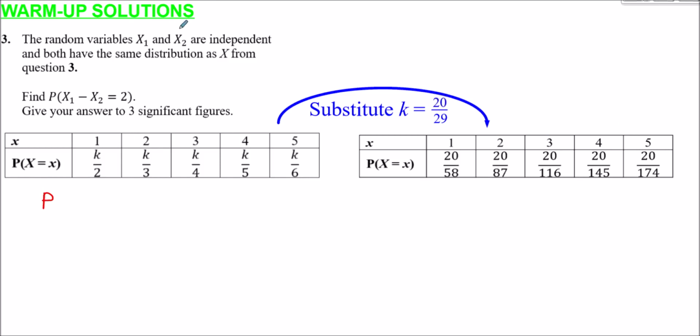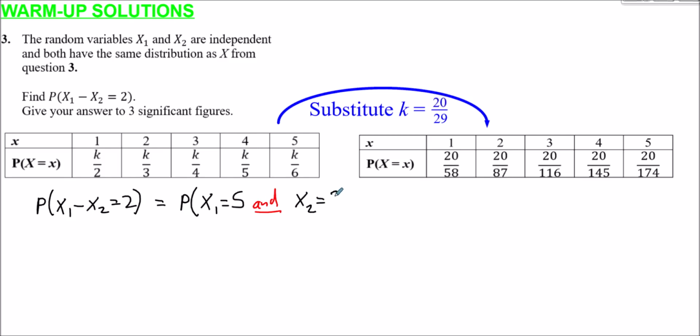So the probability for X1 minus X2 equals 2 is the probability that X1 could be 5 and X2 could be 3, or, so plus, the probability that the first observed X is 4 and then the second observation of X is 2, or finally, it could be that the first observation of X is 3 and the final one for X2 is 1.